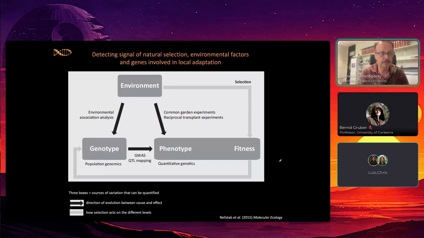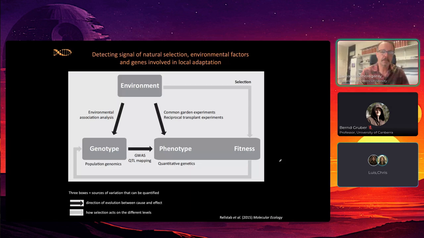Before I go into describing the main set of methods that we use to detect signatures of selection and the environmental factors in genes involved in local adaptation, it's important to understand the main sources of variation that we biologists have in our hands.